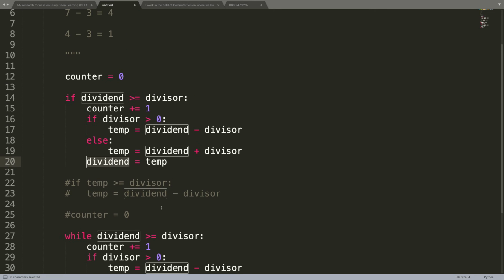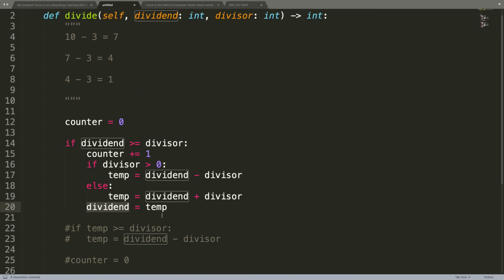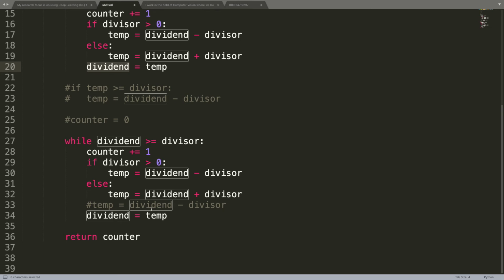Well, I think I'm stuck here. And now to handle the negative divisor, because I have to return a negative 2, that means I need to have a way of tracking.